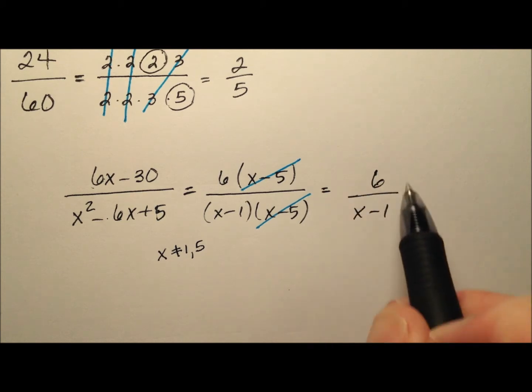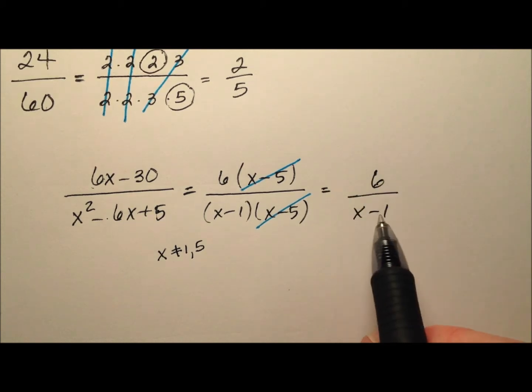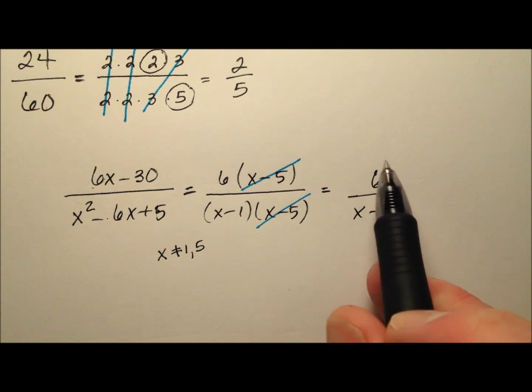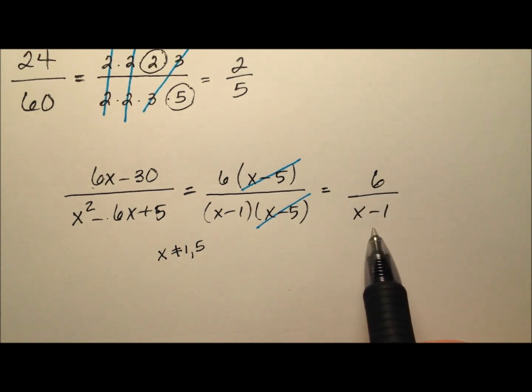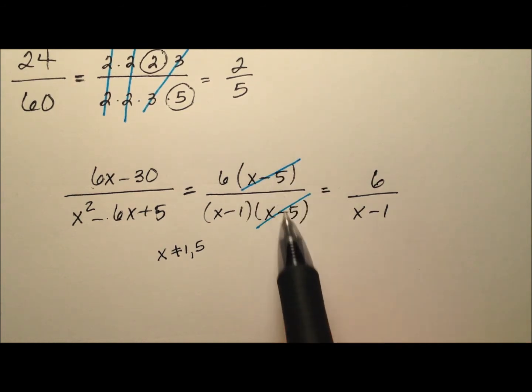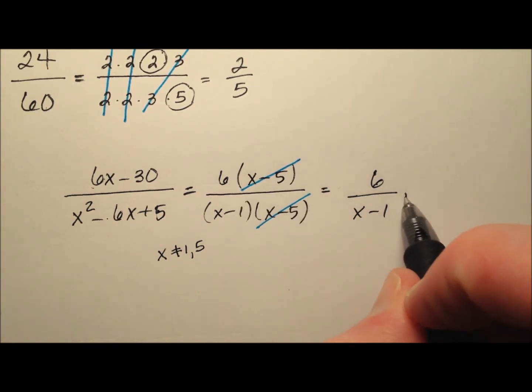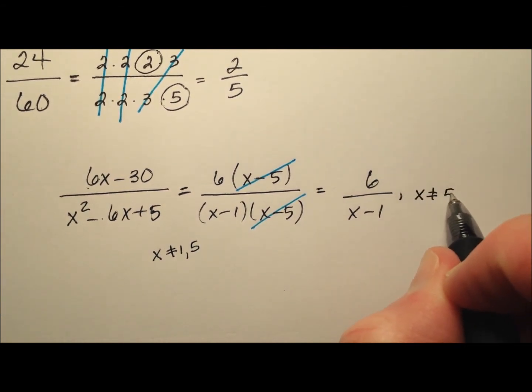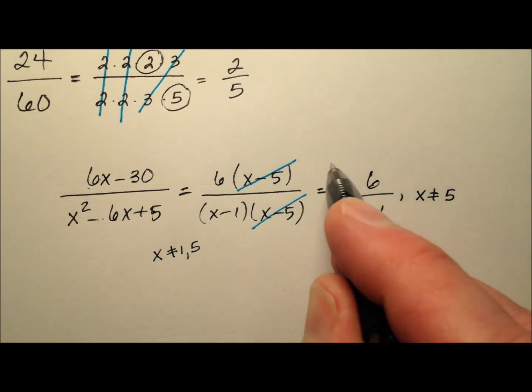Well, when I simplify this, we have 6 over x minus 1. Well, I kind of see that x can't be 1. It was kind of understood, and I can see it already. But the problem I have is, didn't I cancel out the x minus 5's? So the thing I need to keep along with my answer is that x cannot be equal to 5.